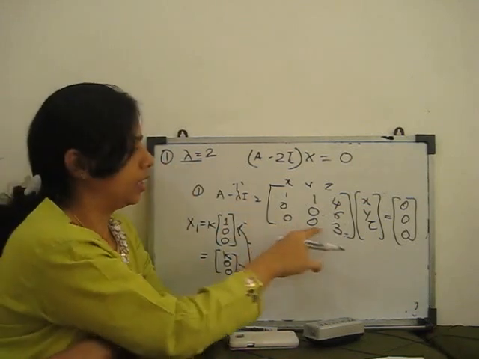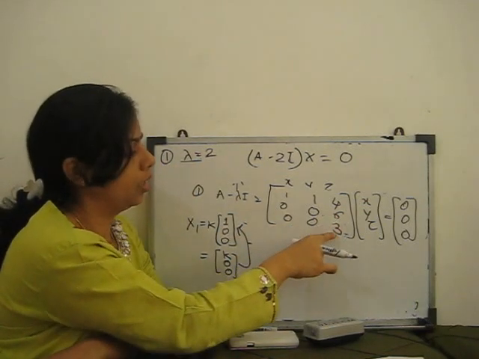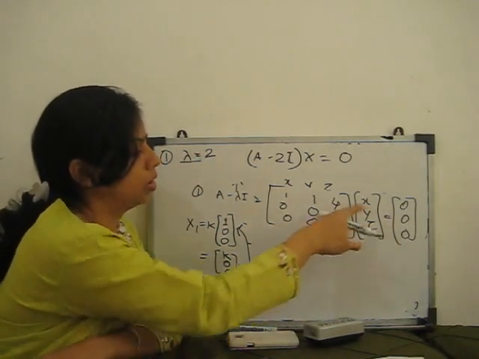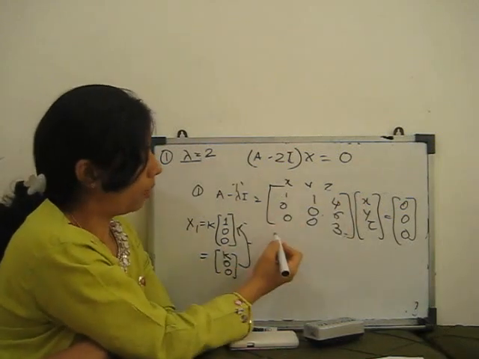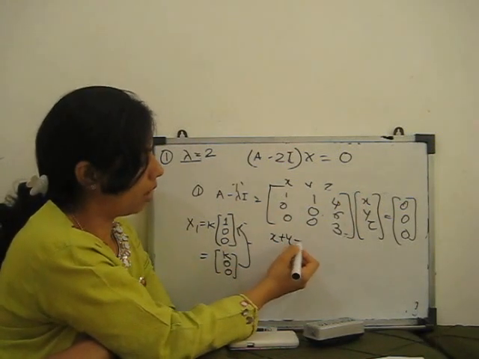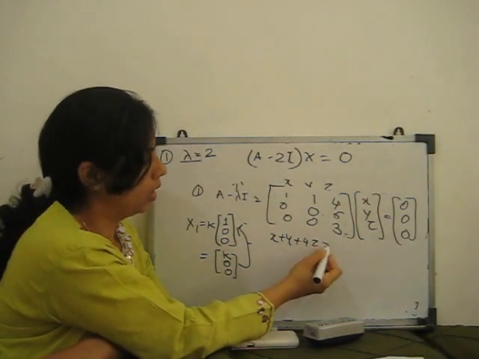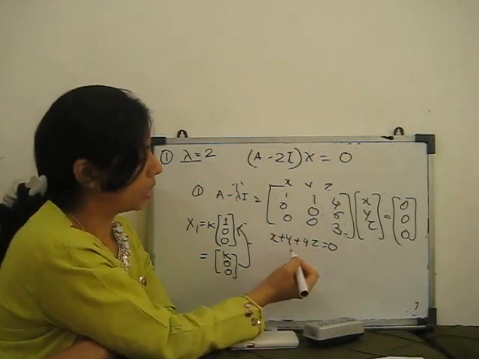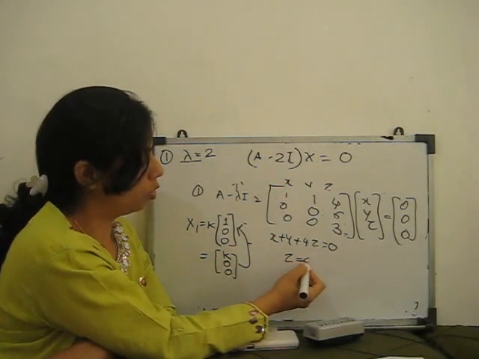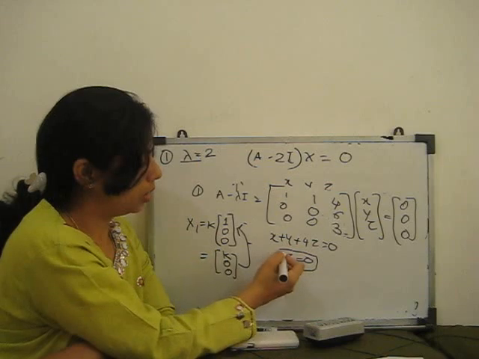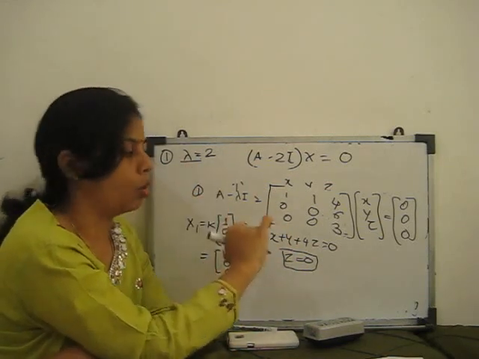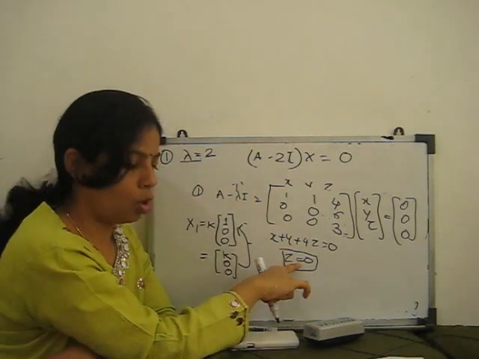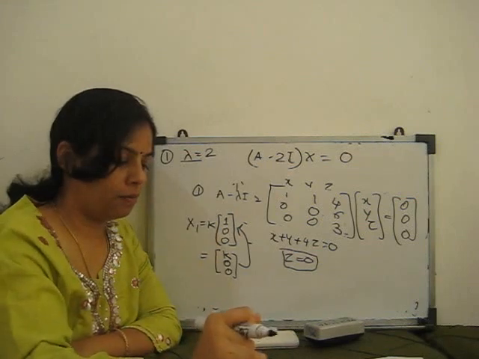Clear? Here 3z equals 0, so the first equation gives x plus y plus 4z equals 0, and with the second and third we conclude that z equals 0.